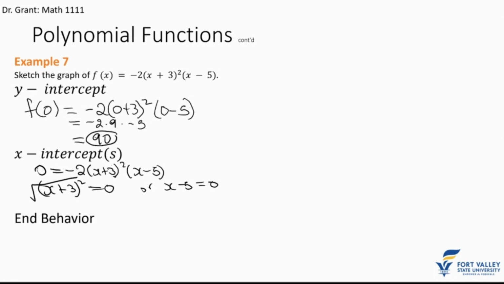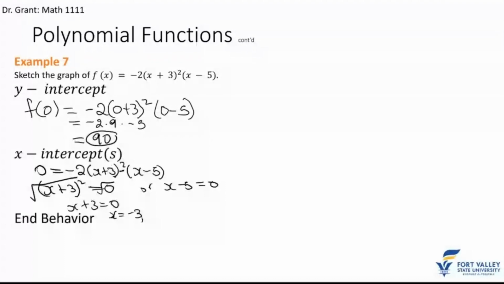Here you'll take the square root of both sides. So x plus 3 equals 0. So that means x is -3, and this is a small 2. So since this is a multiplicity of 2, then we write it twice. And then here we have to add 5. So x equals 5.